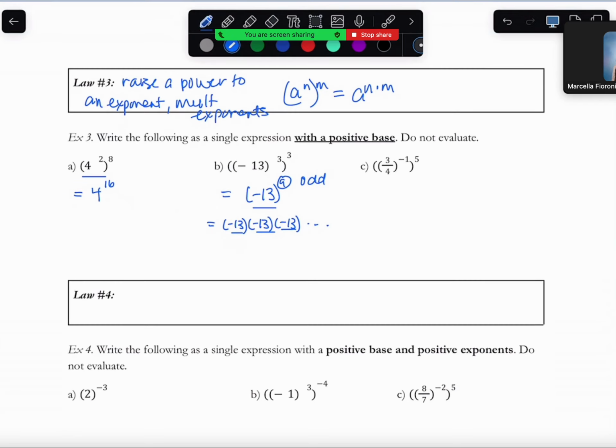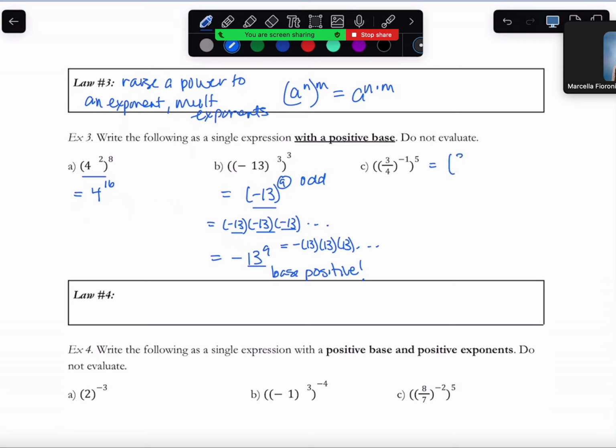But we said that if it's an odd exponent, I know my overall quantity is going to be negative. So there's an easier way to write this. I can write this as negative 13 to the power of 9. Slightly different, I have negative, and in this case, the 13 would be repeating 9 times. But here my base is positive, because it's 13.